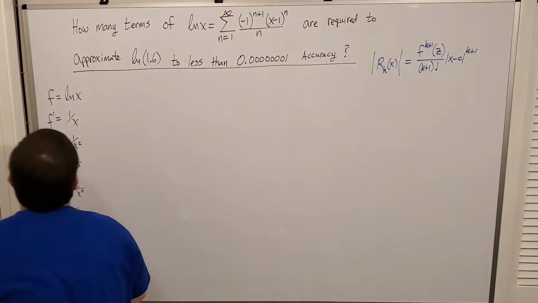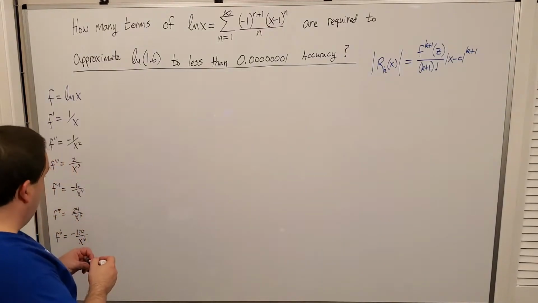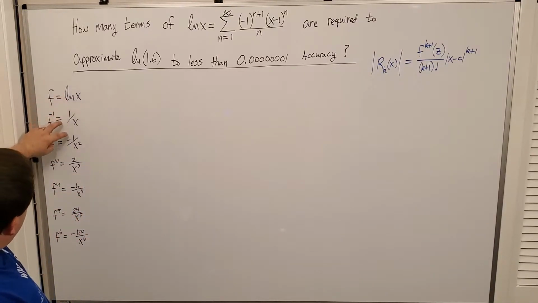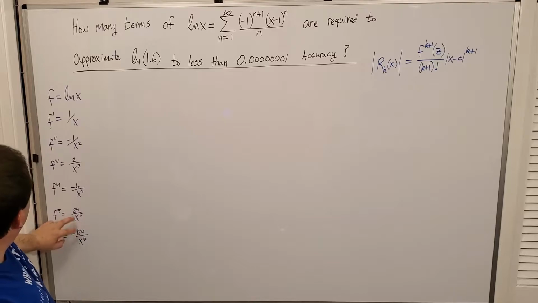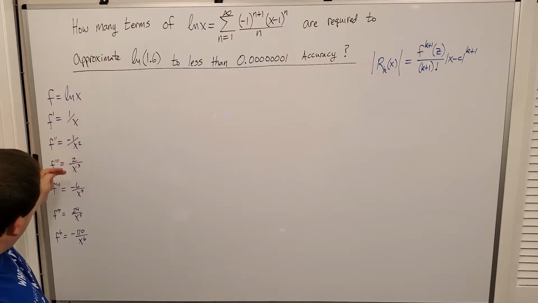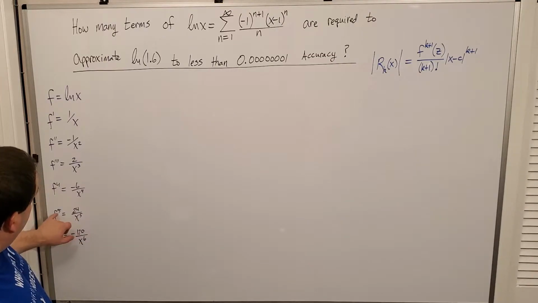Okay, so with these derivatives, there is actually a pattern here. Notice it's staying as the fraction the whole time, right? And then every time I'm just multiplying by that new power. The signs are going to alternate, positive, negative, positive, negative, positive, negative. The exponent on the x always matches the level of derivative that I'm at.